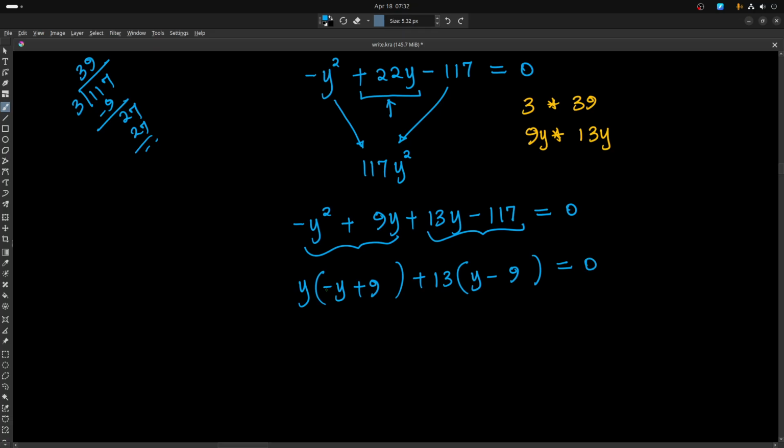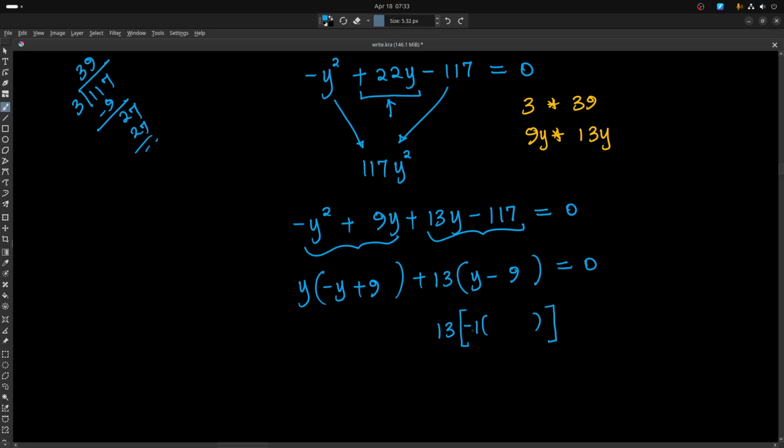So notice that here we have negative y plus 9, but on the second one we have y minus 9. So on this second one, I want us to factor out negative 1 from this inner expression. So this becomes 13. Let's use square brackets here. Let's close them here. So we are saying we factor out negative 1 from this inner expression.